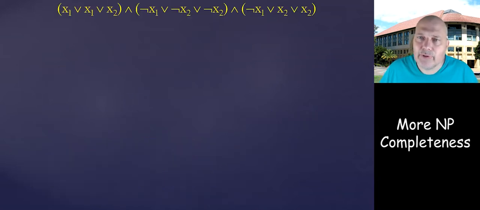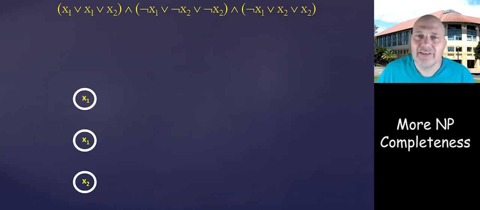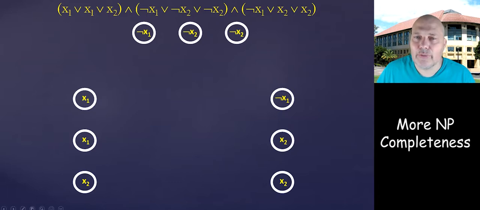Let's give an example, and this will also give us some intuition why the construction works, which is not obvious. I don't know if it would be the first thing you would think of. So if this is the formula, and note that it is a very non-interesting formula, but it's just an example that's easier for me to draw. There are three clauses, meaning there are going to be three groups of three vertices.